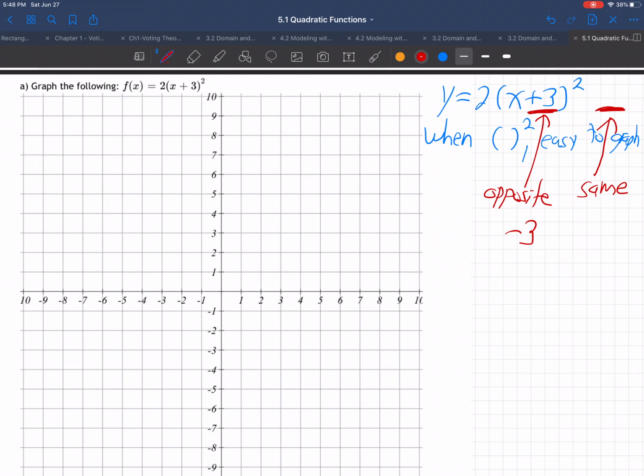I need a number out there because this will help me find the vertex, which is the center of the parabola. So this process I'm showing you right now is how you find the center of the parabola, of the U shape, which is the most important point.